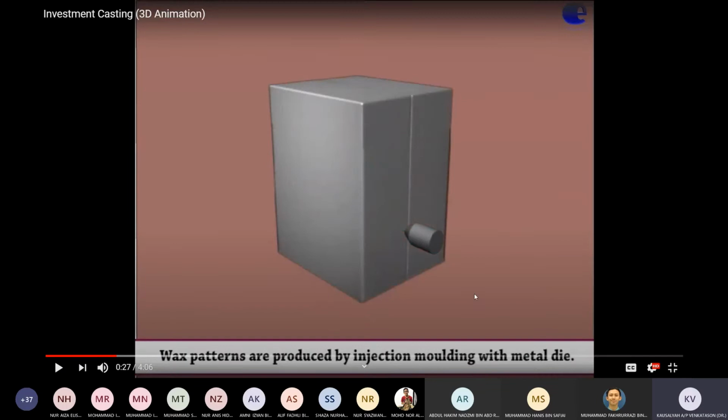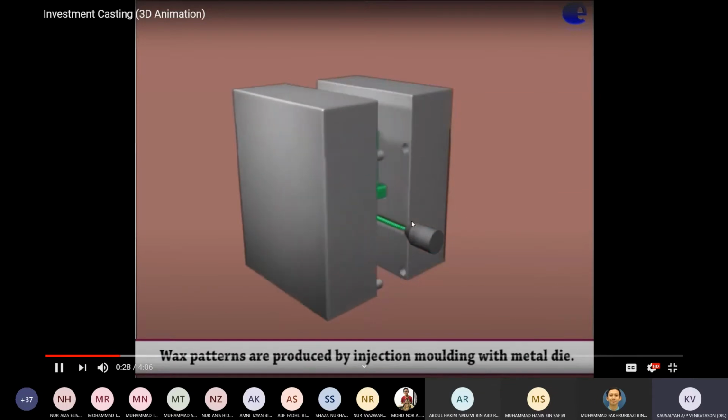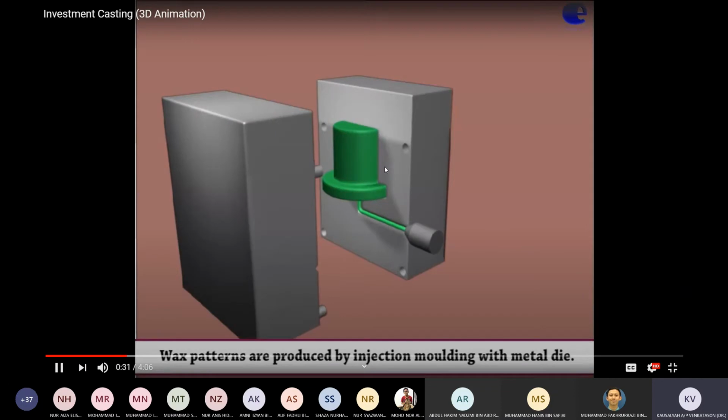So the wax patterns are produced using metal injection molding. So you need multiple patterns of this.